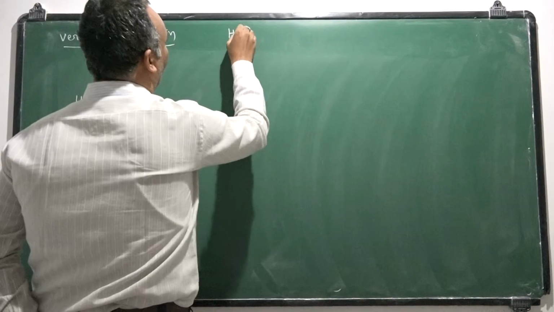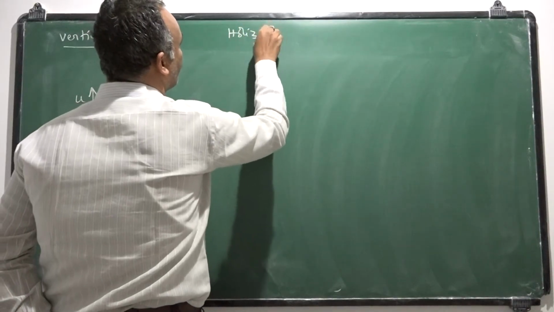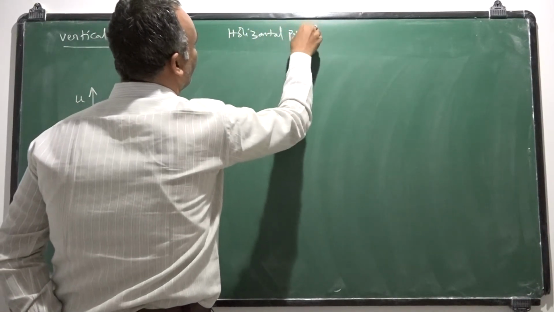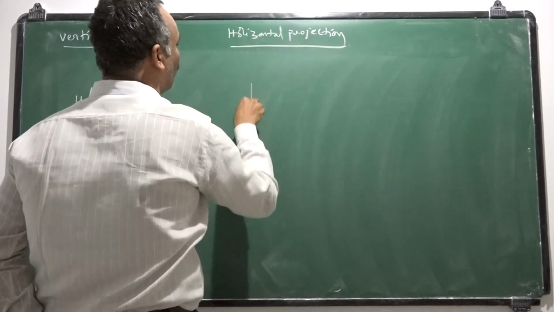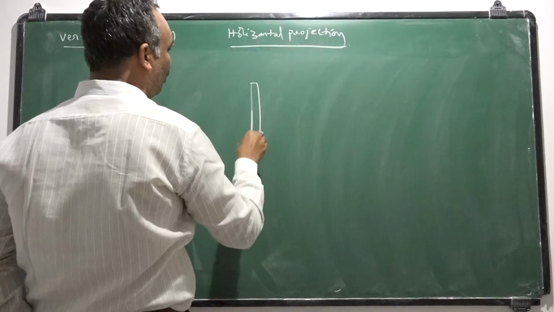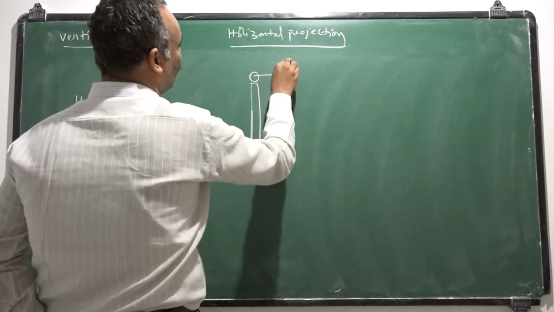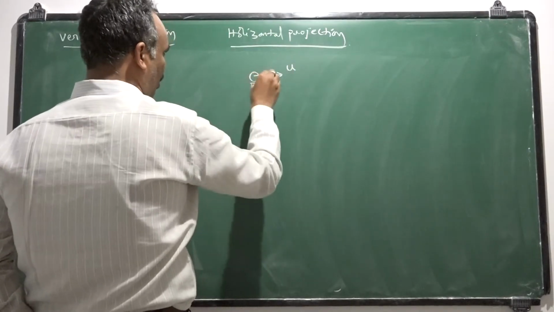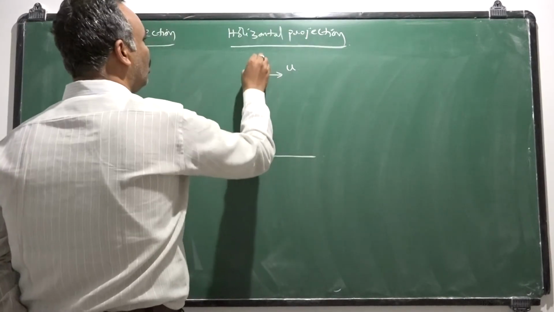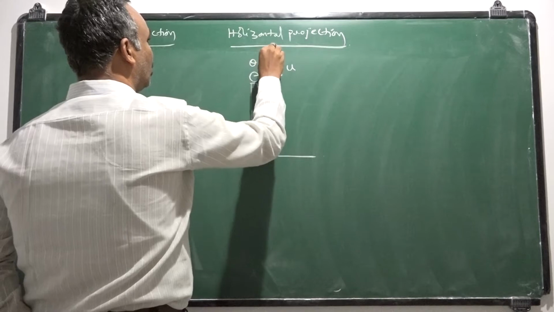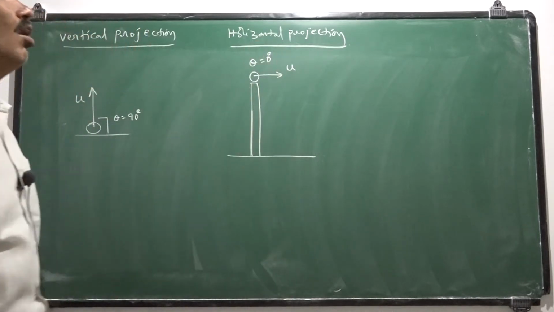Horizontal projection: if an object is projected from the top of a tower with some initial velocity u such that it is moving parallel to the ground, that means here the angle theta is 0. Such projection is called horizontal projection.